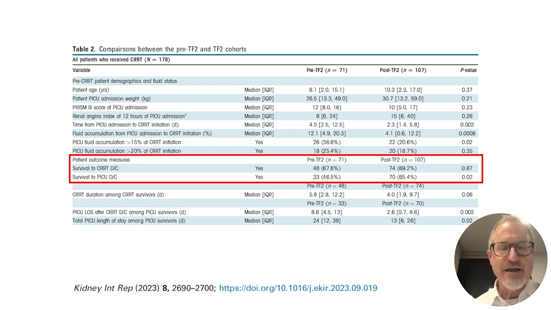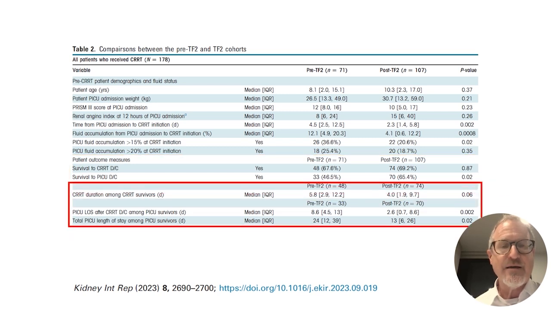It's too early to say whether this is a true causation, but the association was consistent and durable over all 4 years of Taking FOCUS 2. What I can say pretty confidently, however, is that CRT duration decreased by about 2 days, and that ICU length of stay after CRT discontinuation and total ICU length of stay in patients who received CRT was significantly shorter.